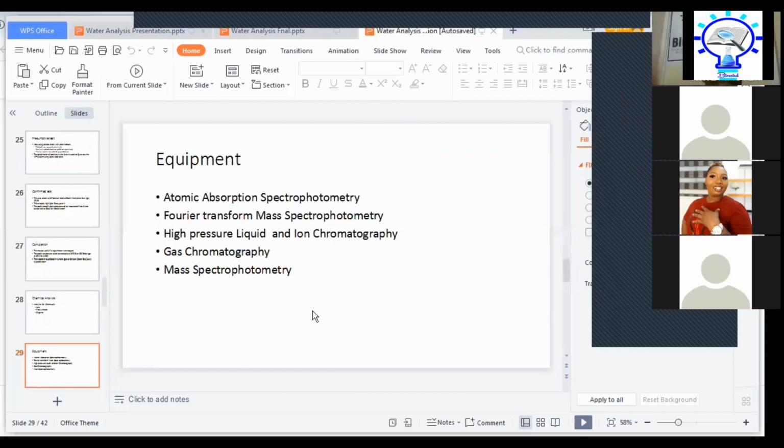So these names are very big, but they are not fantastic. They are not things you cannot understand. And by God's grace, at Bioscird, we have a school of instrumentation and analysis. We like to make people understand what these instruments are, how they work, and they are very simple things to operate.